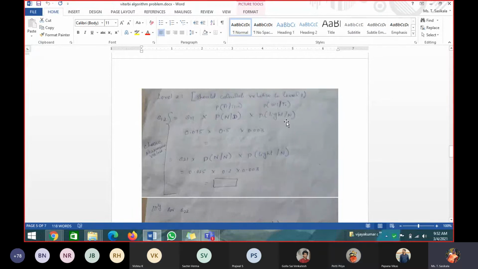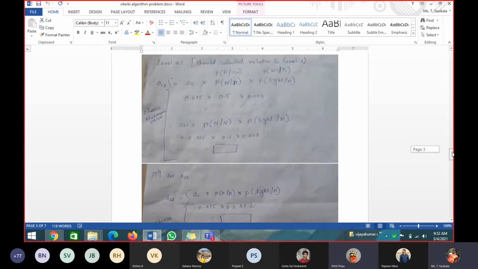Light as a noun, for the word light, noun as light. What is the word probability? 0.003. So what is the total value you are getting for S12? 1.125 into 10 power minus 4. Okay, you make it as proper values only. Then 0.301.